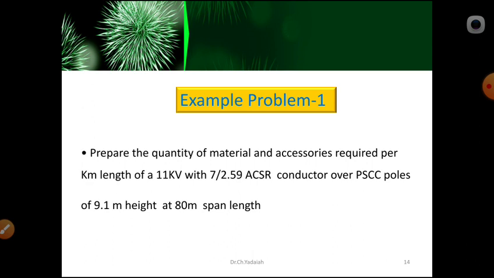Here the type of conductor is already given: 7 strands, each strand 2.59 mm, ACSR, aluminum conductor steel reinforced, over PSCC poles of 9.1 meters height at an 80 meter span. The span from pole to pole, 80 meters, is given. So everything is given. Then let us do it.